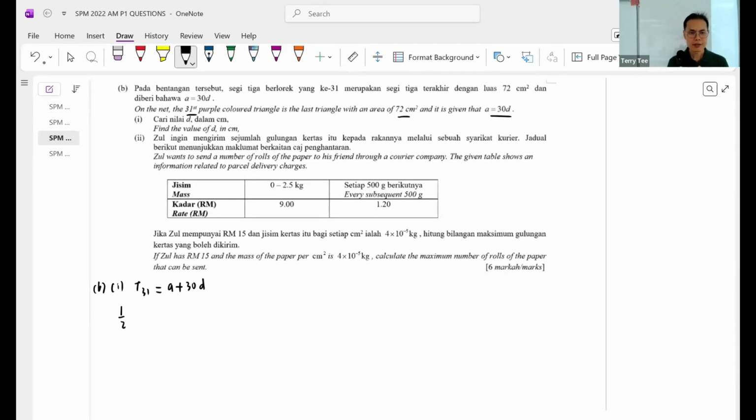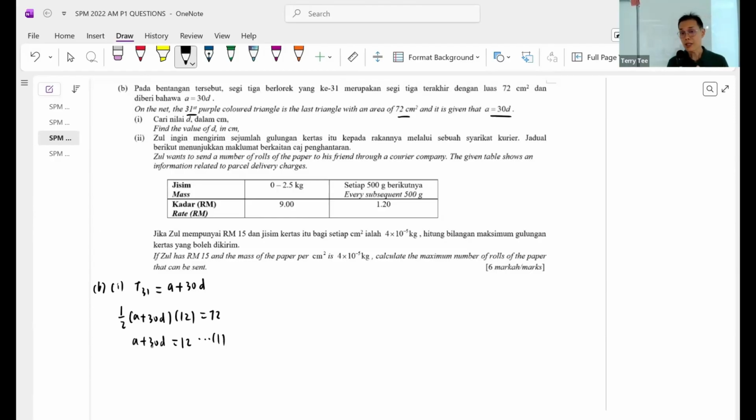And we say half times base times height is 72. A plus 30D is what? 72 divided by 12 is 6. Right? 6. Well, 72 divided by 6, also 12.